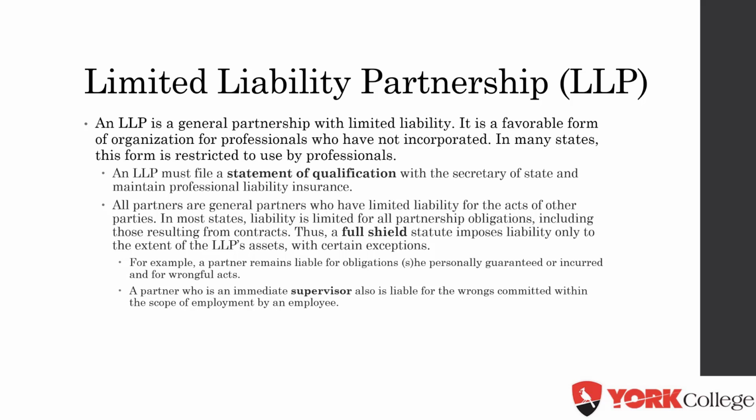Usually, a full shield statute imposes liability only to the extent of the assets of the limited liability partnership, with some exceptions. Some of those exceptions are obligations which a partner personally guaranteed or incurred, or wrongful acts. Sometimes also, a partner who is an immediate supervisor is liable for the wrongs committed by their employee while in the scope of employment.